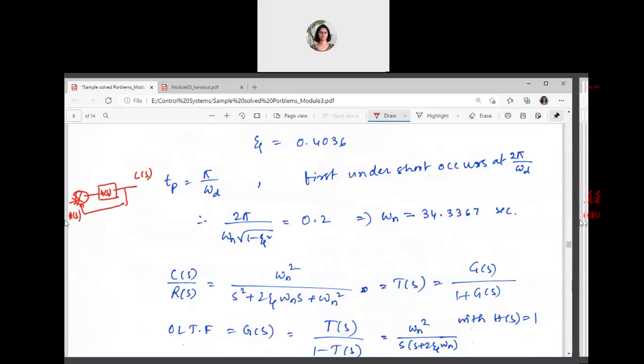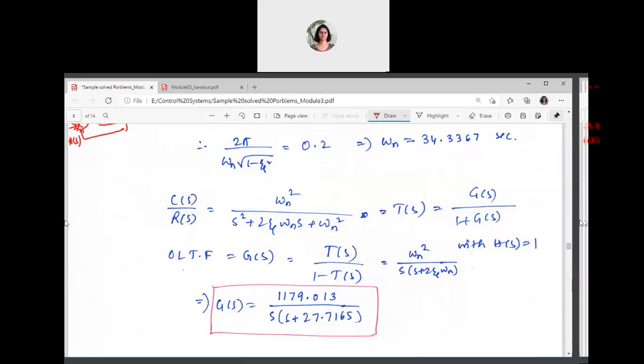G of s can be obtained as T of s by 1 minus T of s. So this divided by 1 minus this. If you do that, you will get the open loop transfer function as omega n squared by s into s plus 2 zeta omega n. Now you know omega n, you know zeta, substitute in this expression and you will be able to get G of s.